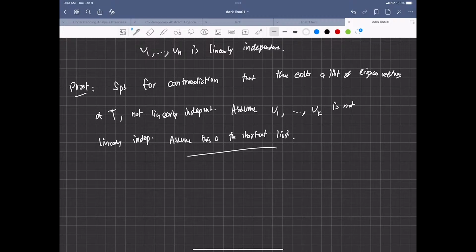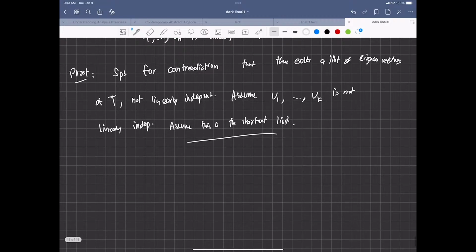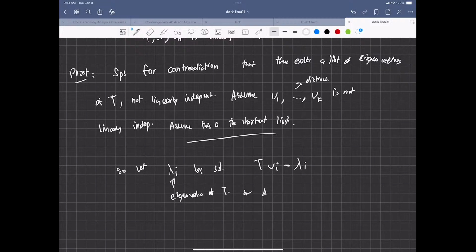So we want to work with the shortest list to make our life easy. And again, all of these are distinct. So let lambda i be such that T vi equals lambda i vi. So all of these lambda i's are eigenvalues of T, and they can be assumed to be distinct.